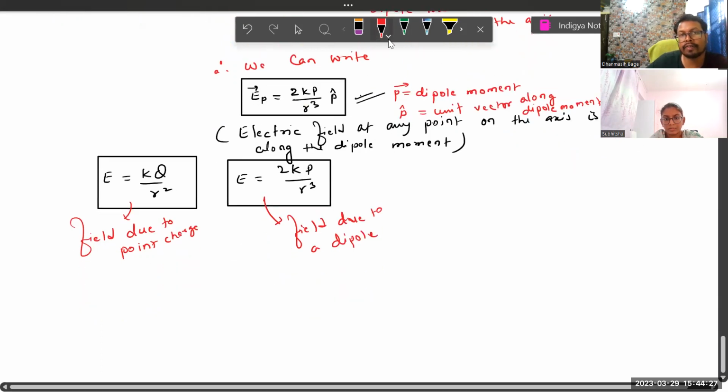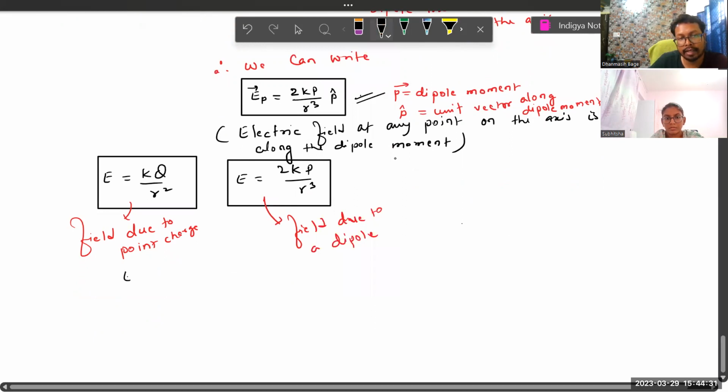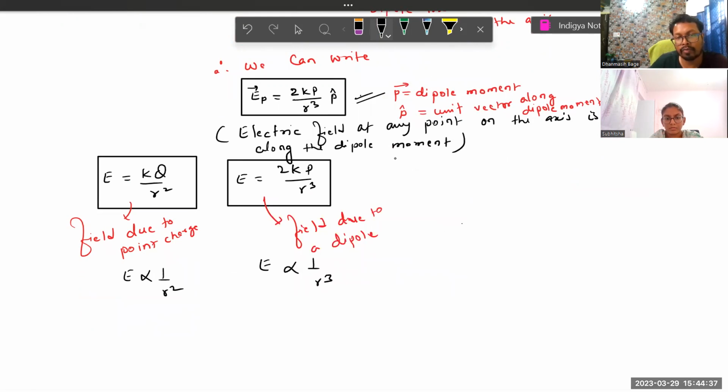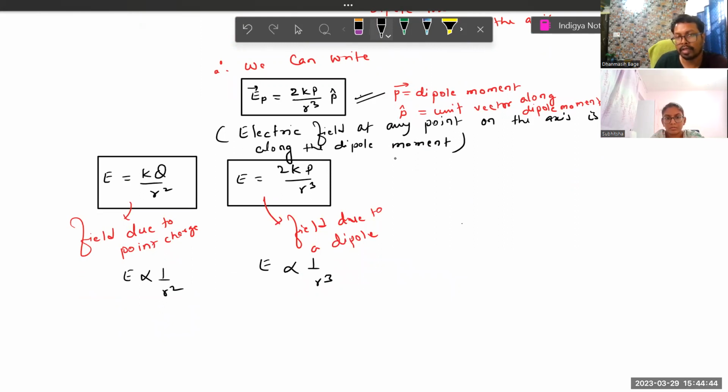Sometimes questions ask what is the difference between the field due to a point charge and a dipole. Here E is inversely proportional to the square, but here E is inversely proportional to the cube of the distance. It falls faster in the case of a dipole, so the electric field falls rapidly due to a dipole at larger distances.